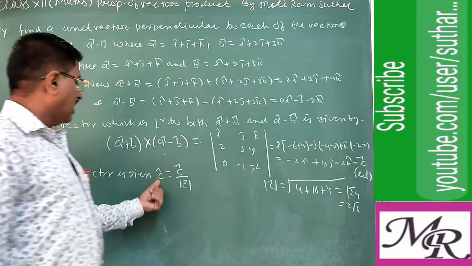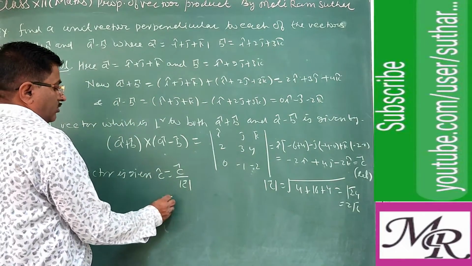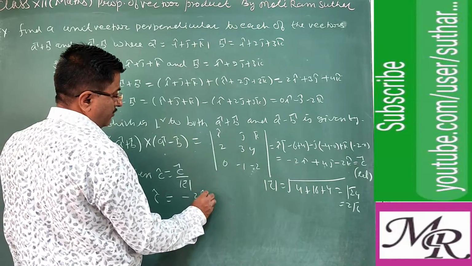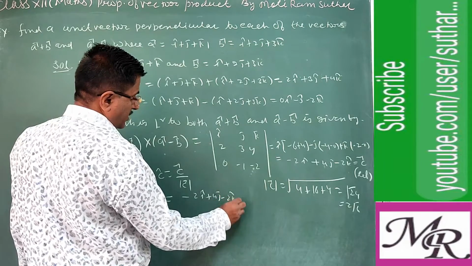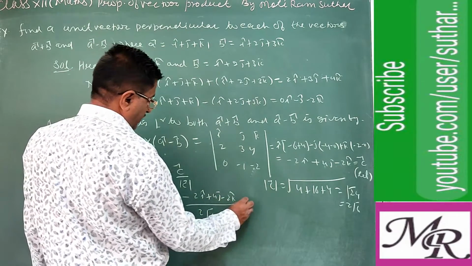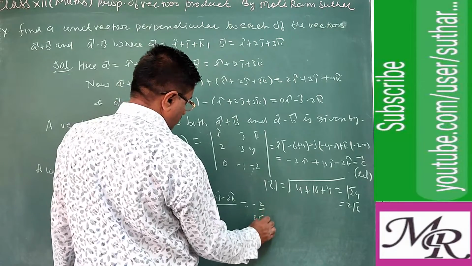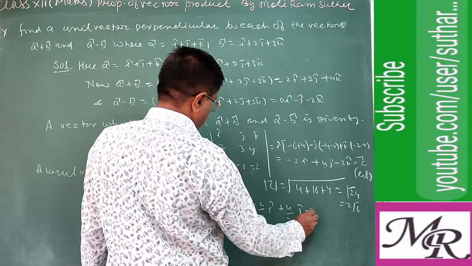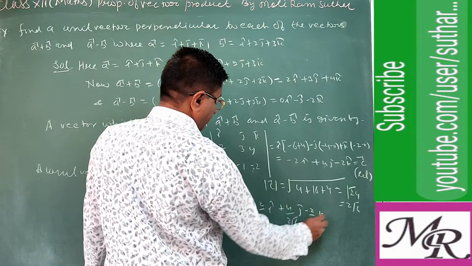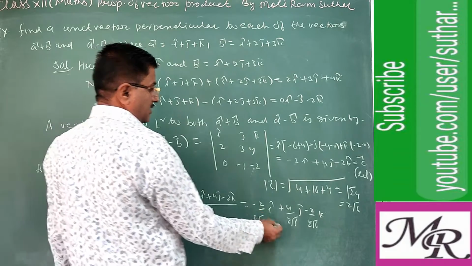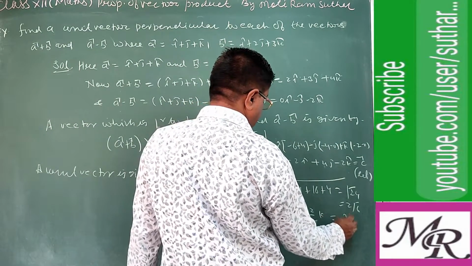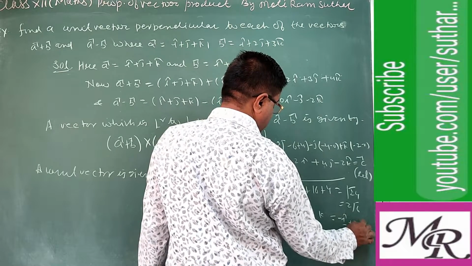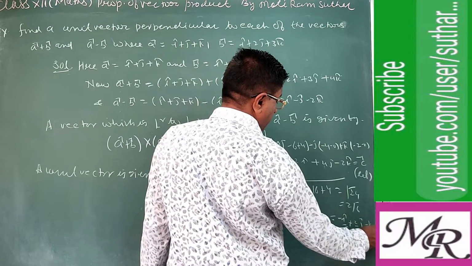So use this formula: C cap, or unit vector, equals the vector minus 2i plus 4j minus 2k divided by 2 root 6. Or individually you can write minus 2 upon 2 root 6 i, 4 upon 2 root 6 j, 2 upon 2 root 6 k, and you can cancel out. So finally what we get: minus i upon root 6, and this is 2 upon root 6 j, and then k upon root 6.